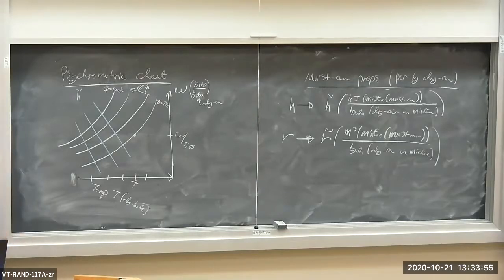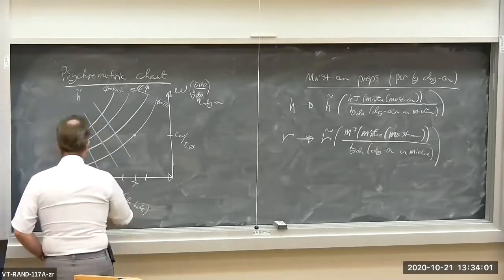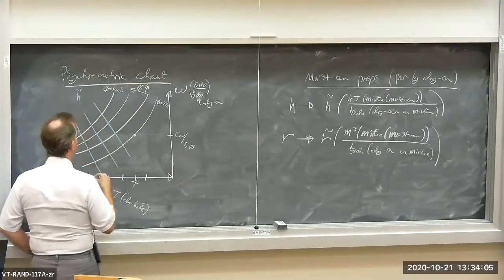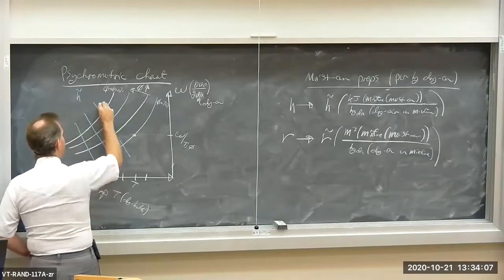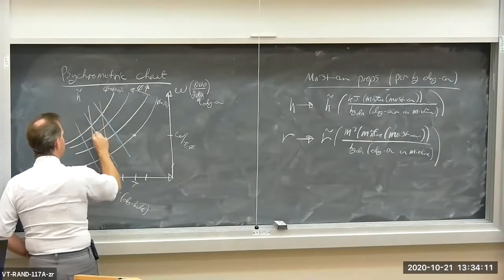And then we also have lines of constant V tilde, or specific volume. They look something like this.